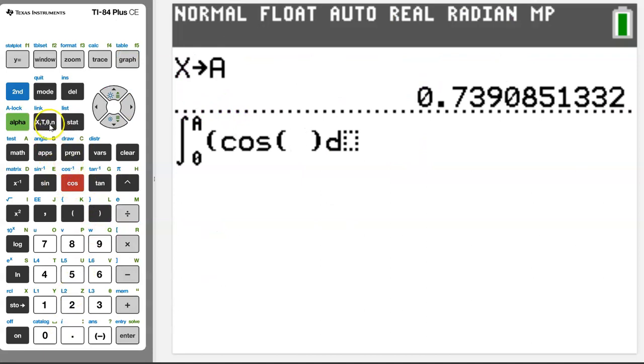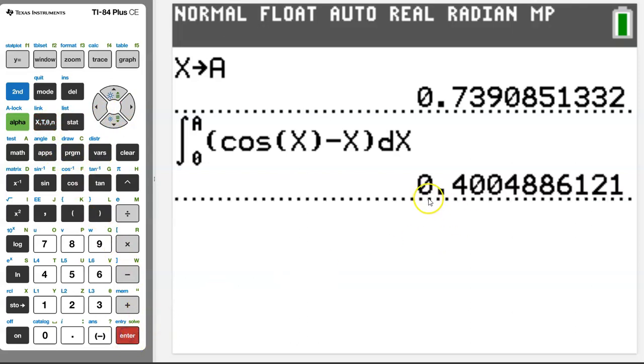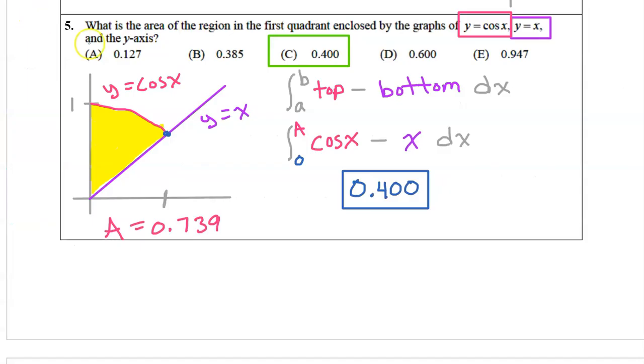So cosine x, I'm going to close the parentheses there, minus x. And that's it. 0.400. So the answer is C.